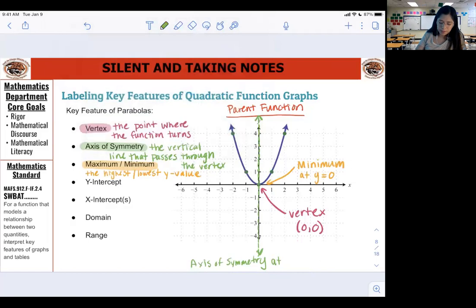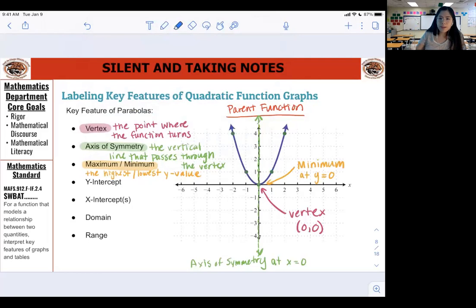And in this case, it's at x equals 0. Now I know this probably feels like a lot of information, but we're going to do a few examples and we're just going to keep labeling it until we remember what all of these are.